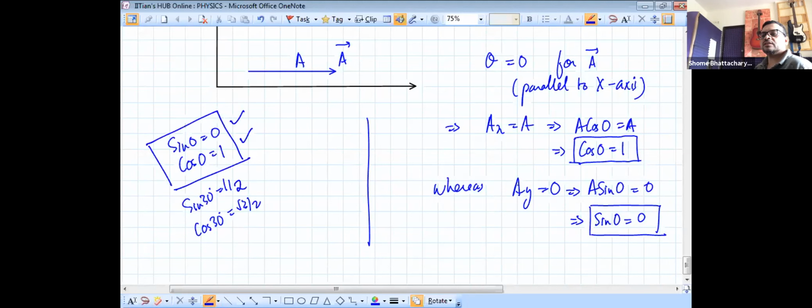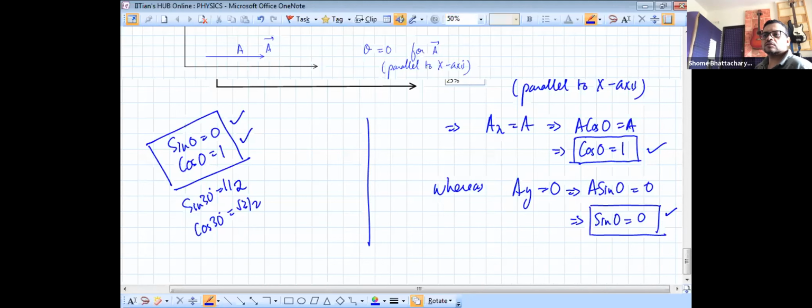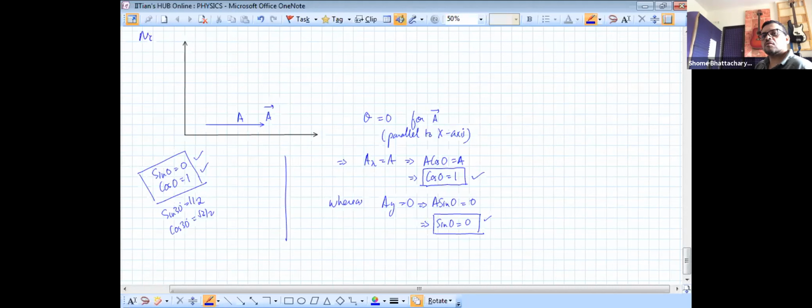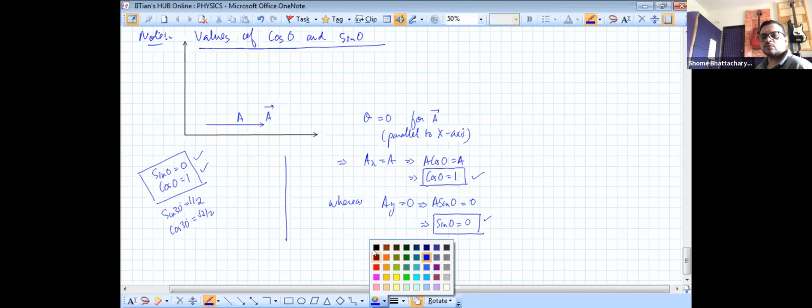And the logic of this statement you can understand from here. Is this clear, people? Just make a note of this. Values of cos 0 and sin 0. Just make a quick note of this.